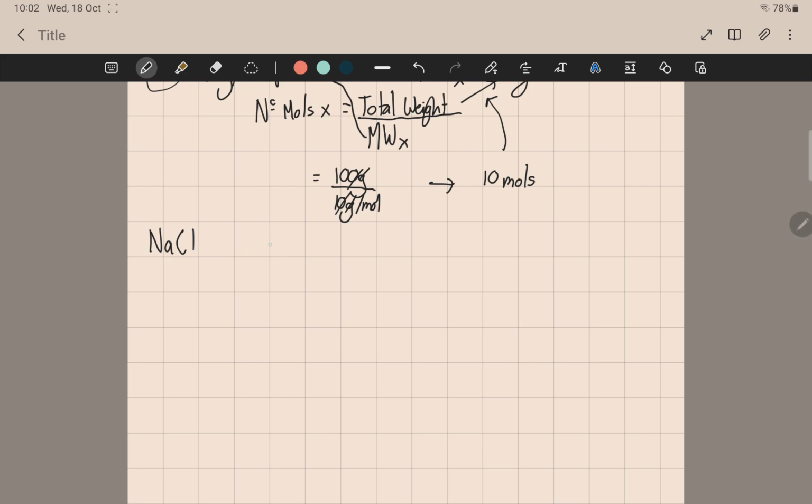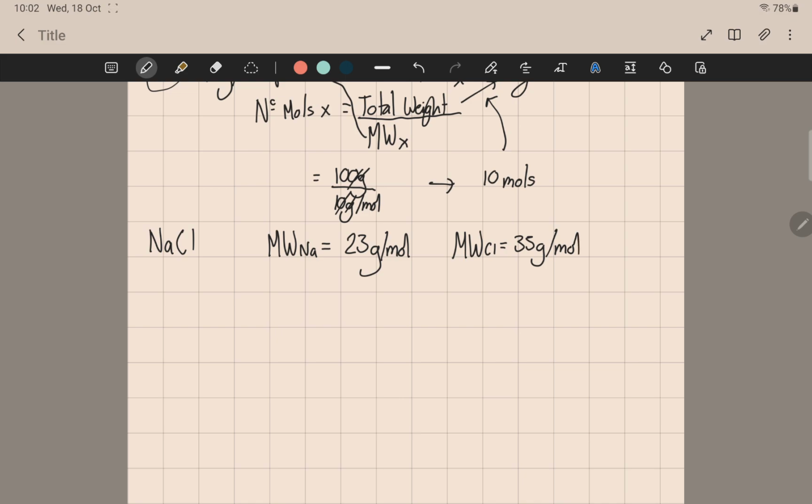Now, the molecular weight of sodium is equal to 23 grams per mole. The molecular weight of chloride is equal to 35 grams per mole.